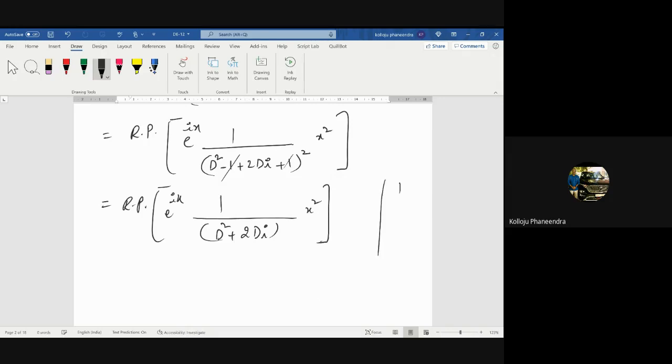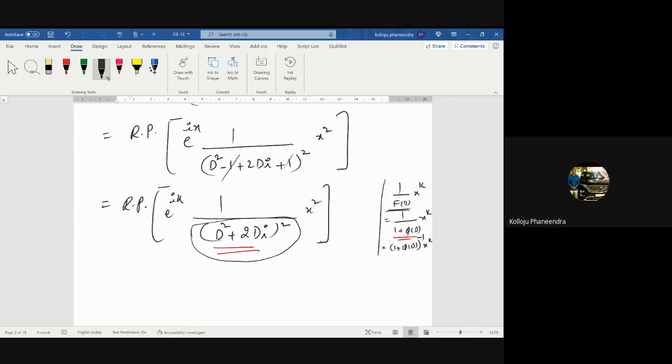Now what is the model? 1/f(D) times x^k.